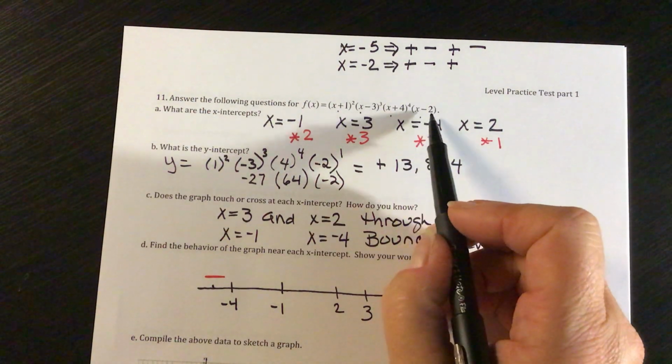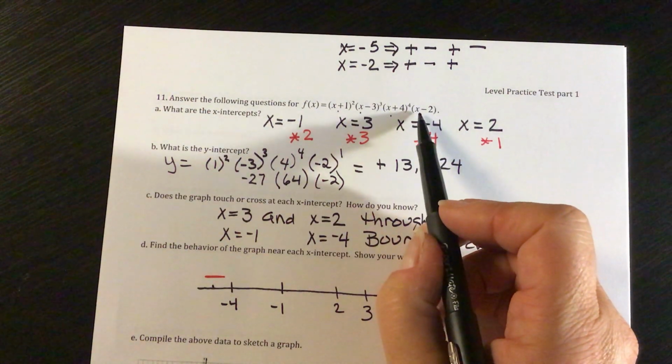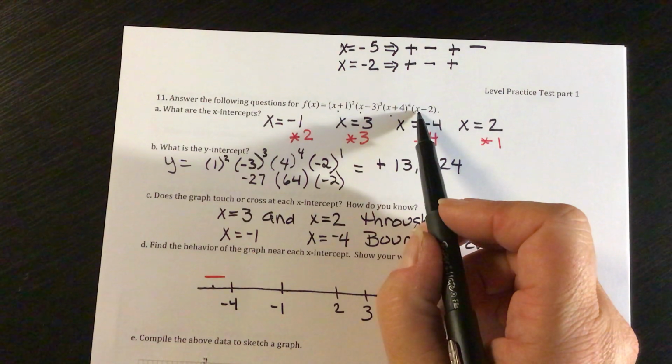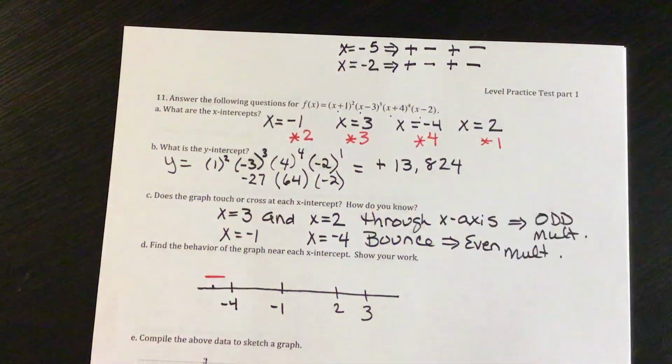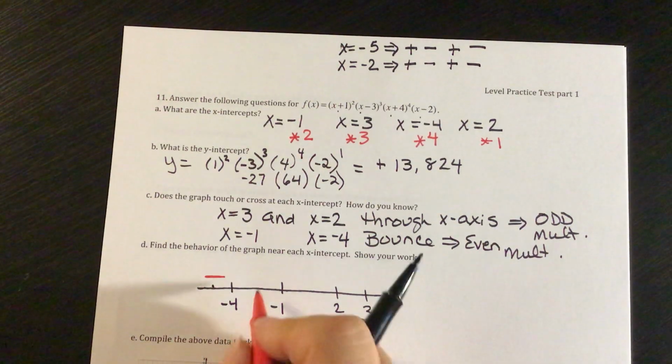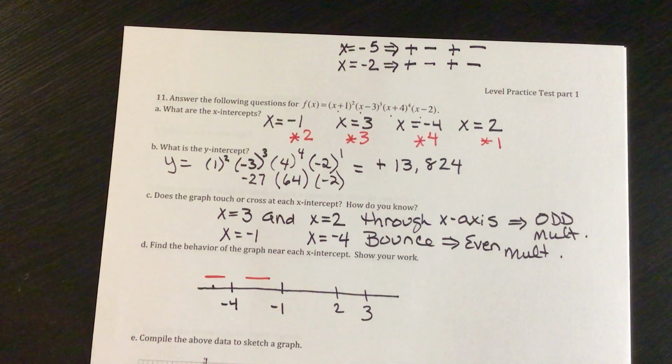And -2 minus 2 would be -4, so this factor here is negative. So this value right here is negative.